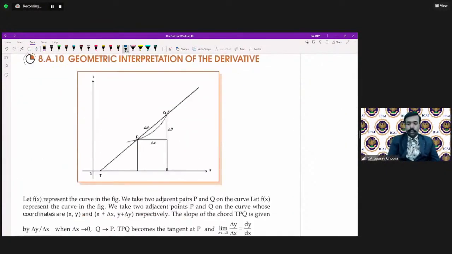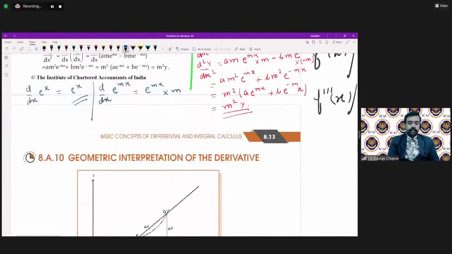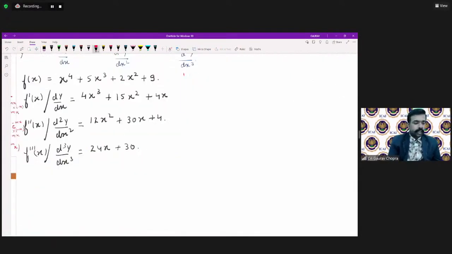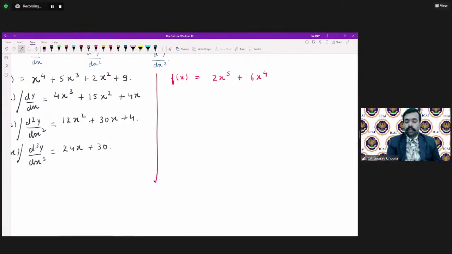Okay. So I will take one more example for this double and triple derivative, so that in case of doubt, it will get clear. There is a function f(x) is equal to, let's say, 2x to the power of 5 plus 6x to the power of 4 plus 5x minus 15.